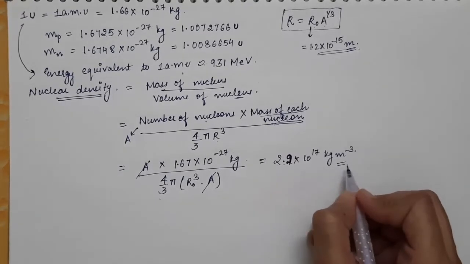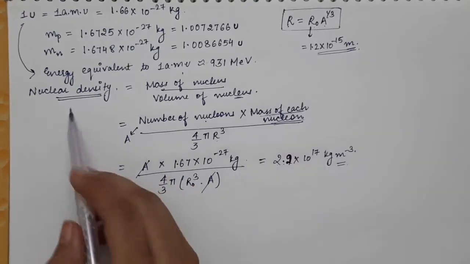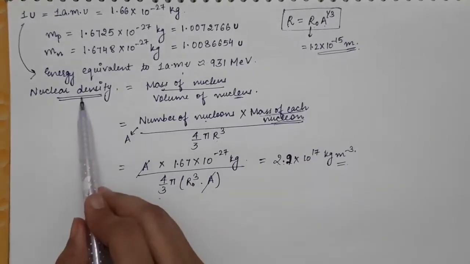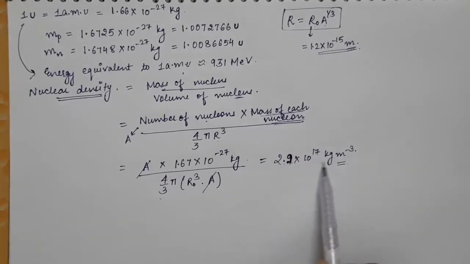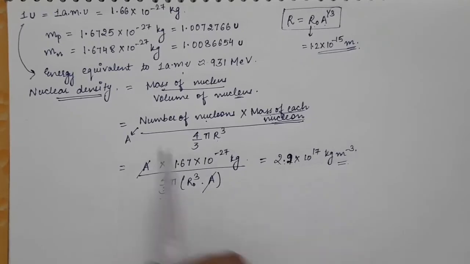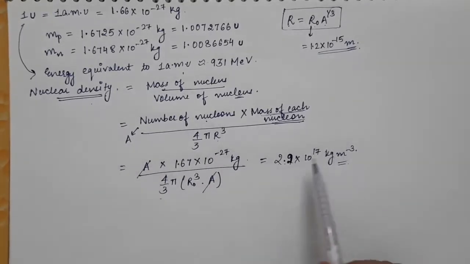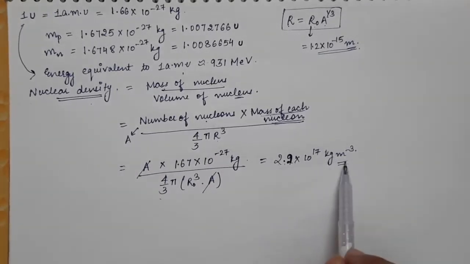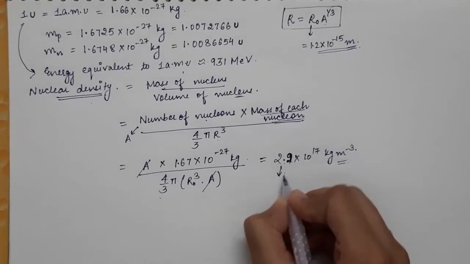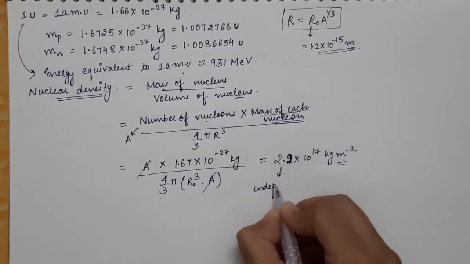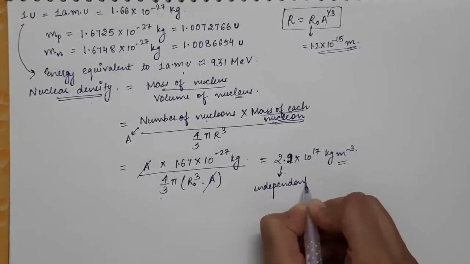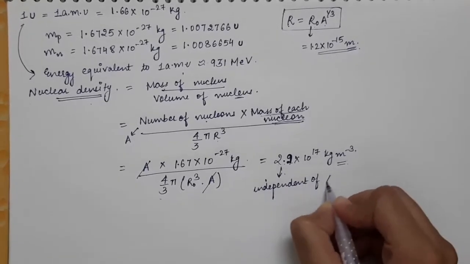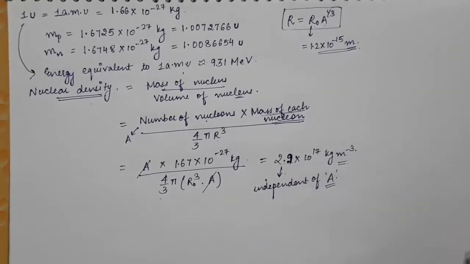So this is the density of the nucleus, and you can see that it is a constant value. So the nuclear density is almost constant for all the nuclei and is independent of the nucleon number, that is, independent of the mass number A.